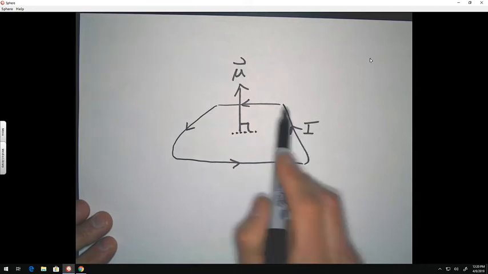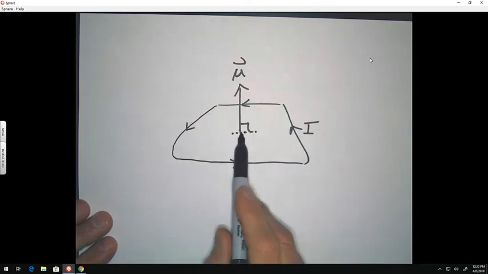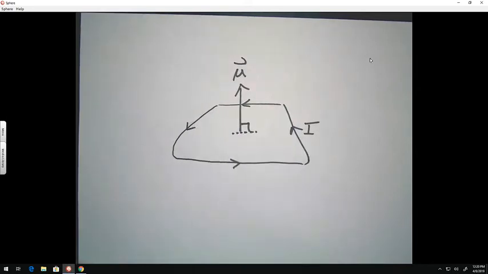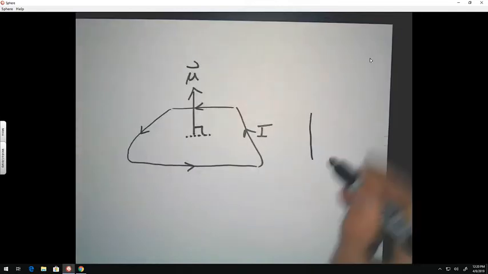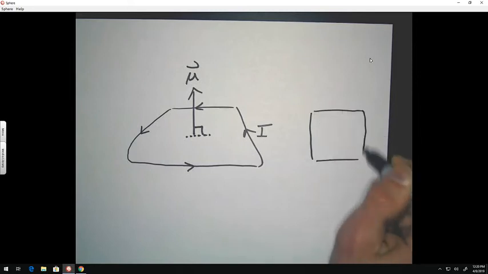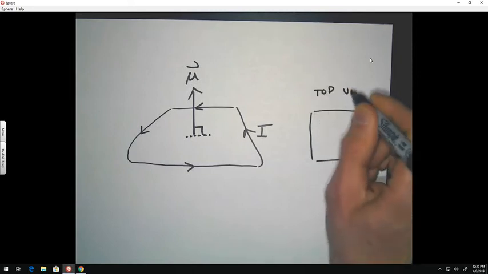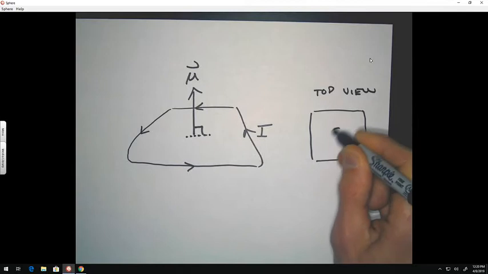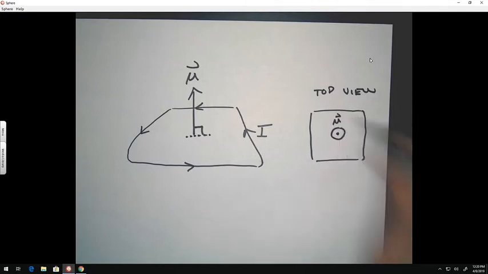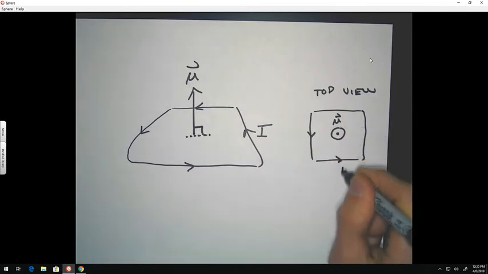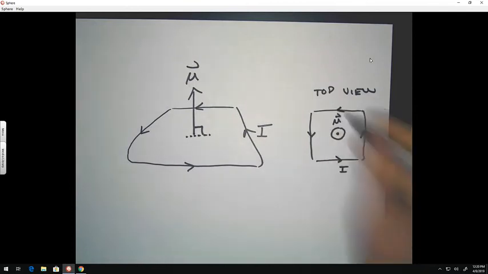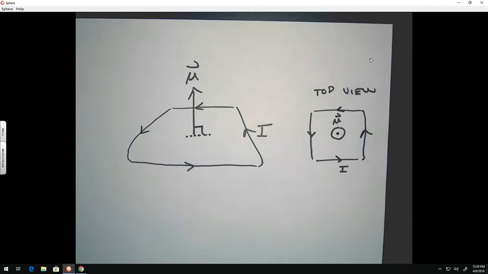You're looking at this thing as it's coming out at you, and now the magnetic dipole moment is coming out at you. If you were to look at it from a top view, the dipole moment would be doing this sort of a thing, and then the current would be doing this. So if that helps you, that's what the top view would look like.